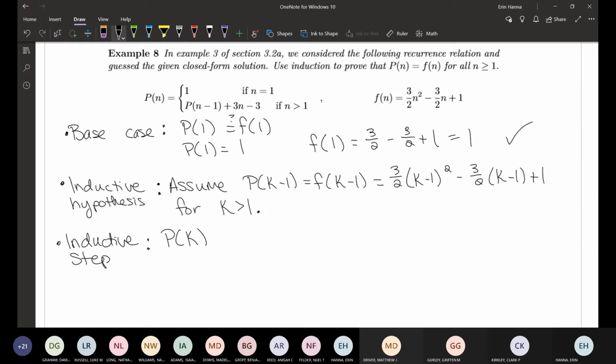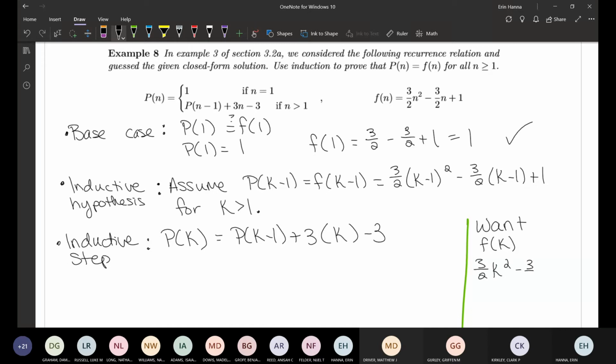Start with the P of k. Use the recursive definition first. So we've got P of k minus 1 plus 3 times k minus 3. Let's remind ourselves what we want. We want f of k, which would be 3/2 k squared minus 3/2 k plus 1.